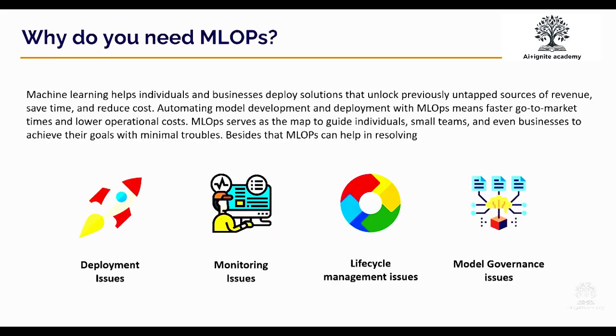Okay, so why do you need MLOps? So machine learning helps individuals and businesses deploy solutions that unlock previously untapped sources of revenue, save time and reduce cost. So again, if you have to deploy it individually every single time, that will increase the time which it would take. But in this case, it would reduce the time. Automating model deployment and development with MLOps means faster go-to-market times and lower operational costs.